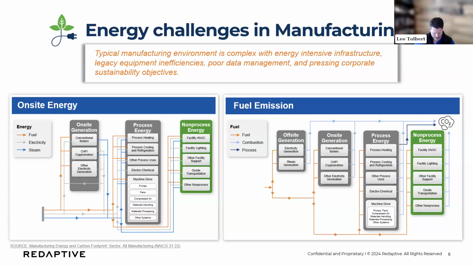You've got every type of thing you can imagine, from process heating to compressed air to pumps, chillers, and steam. Additionally, you have a number of areas that you can address quickly and easily on the non-process energy side, like facility HVAC, lighting, on-site transportation, and other non-process energy consumers.